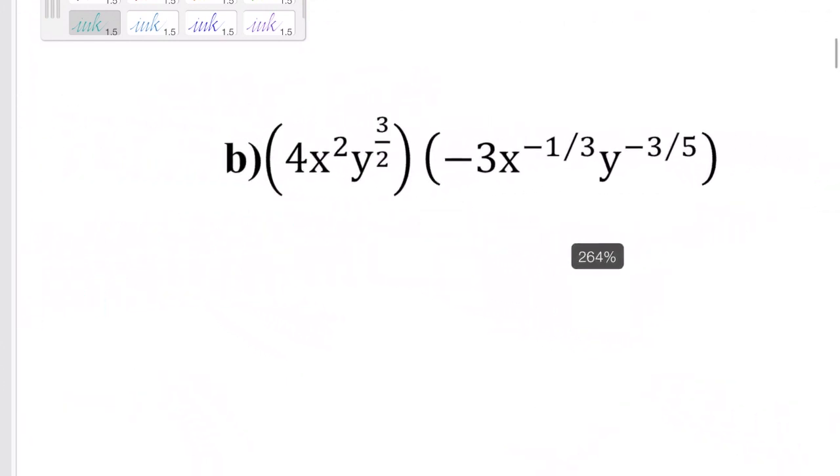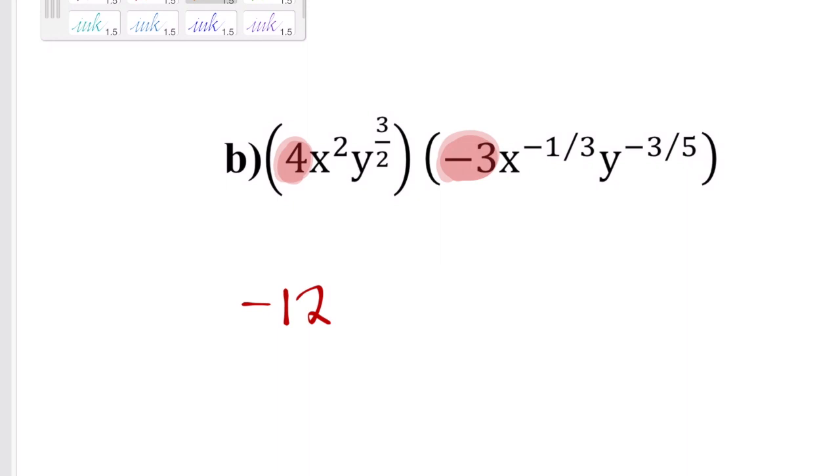Our next bit looks a little complicated. Tell you right now, it's not that bad. We're going to combine our numbers with numbers, or x's with x's, or y's with y's. So I'm going to first start with the easiest, the numbers. 4 times the -3. Again, nothing's adding, so we don't have to worry about the whole distribution process. We just combine our coefficients and our variables. 4 times the -3 is going to give me -12.